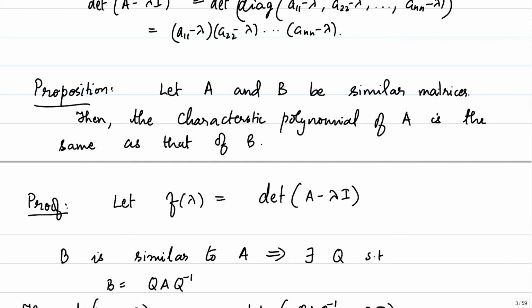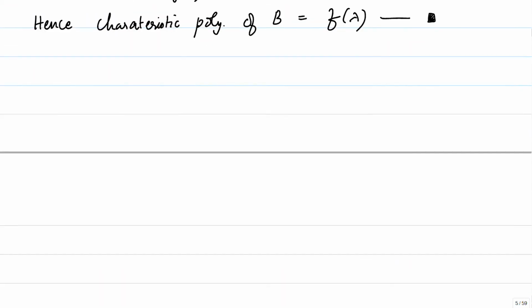And what this proposition tells us is that the characteristic polynomial of A and B is the same. So, in other words, this enables us to talk about the characteristic polynomial of the linear operator T.